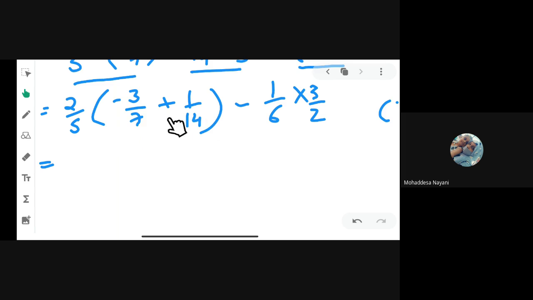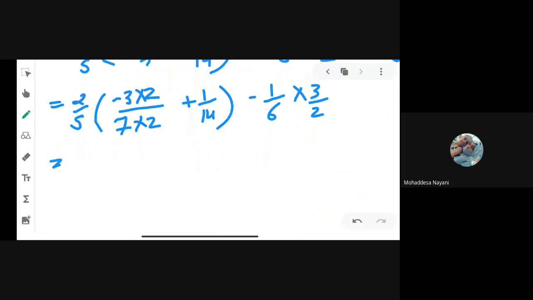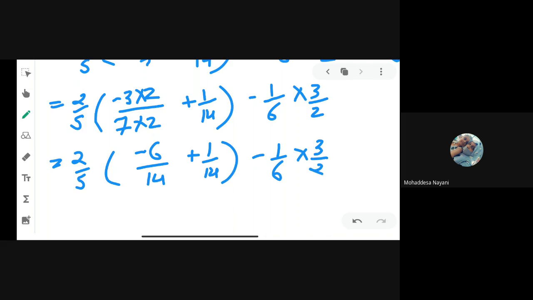Again the same thing. First we have to solve this bracket, and for this we need equal denominators. But here the denominators are not equal. So we multiply by 2. 7 twos are 14. So minus 3 by 7 becomes minus 6 by 14, plus 1 by 14, minus 1 by 6 into 3 by 2.